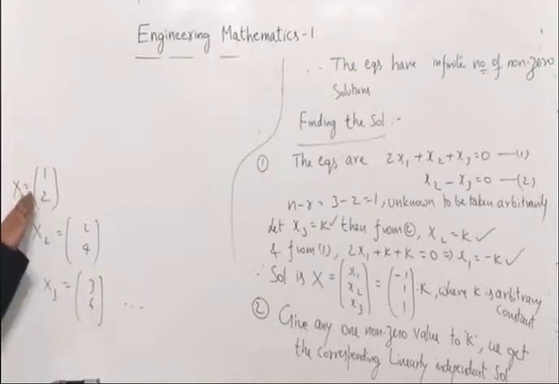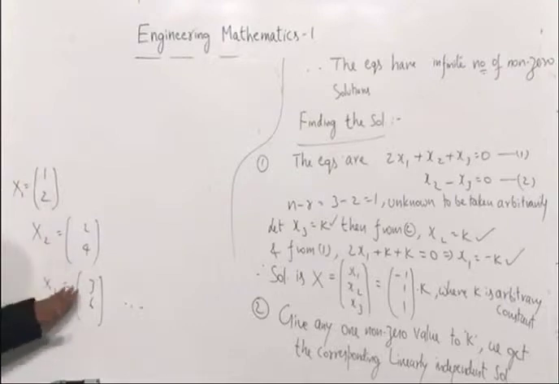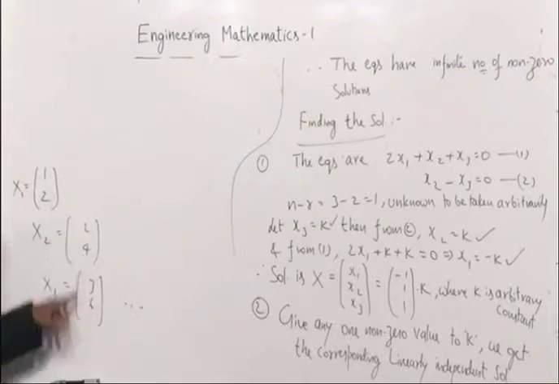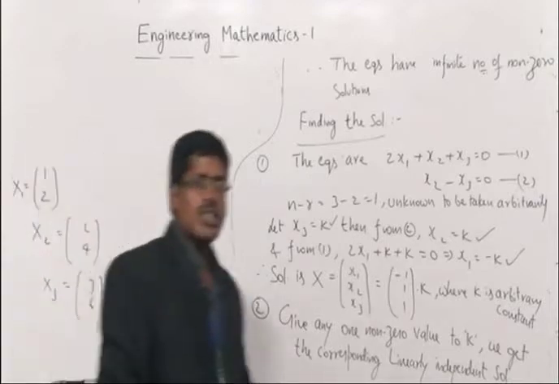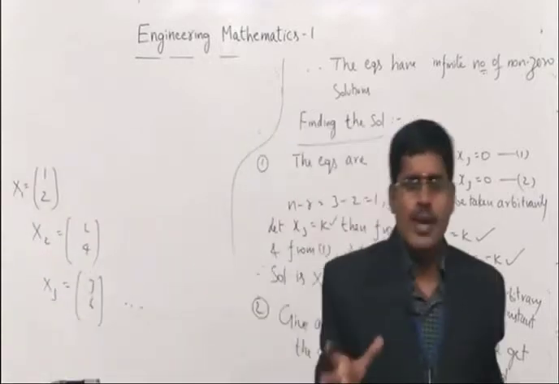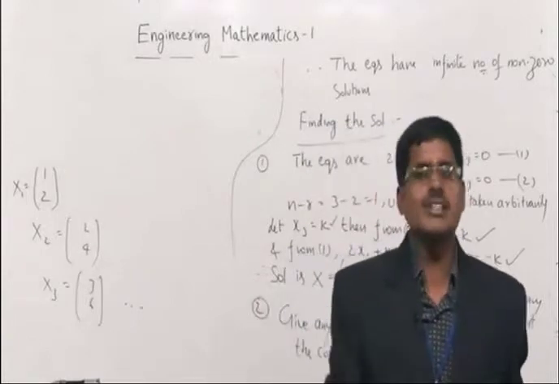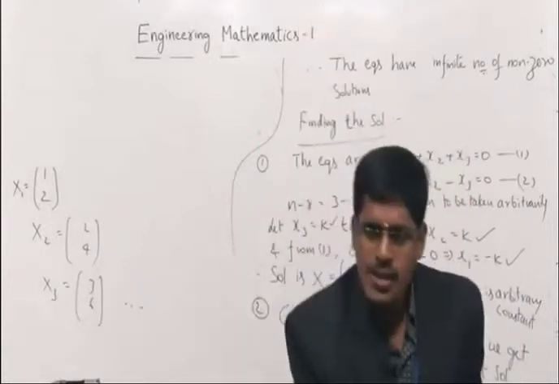The third solution is obtained from the first solution by multiplying by 3. That means one solution is dependent on another. Correct or not? So, whenever a solution is equal to a number times another solution, those solutions are called dependent. Otherwise, it is called independent.